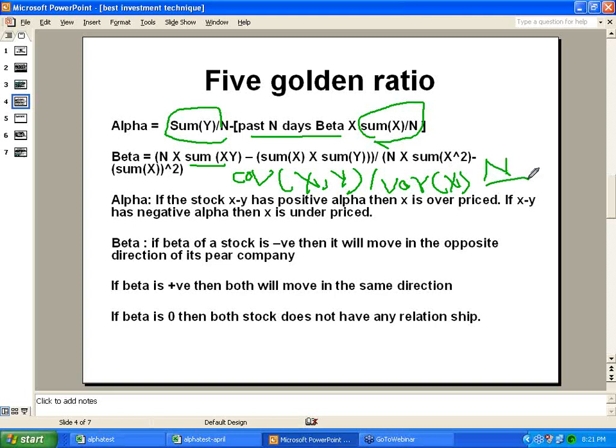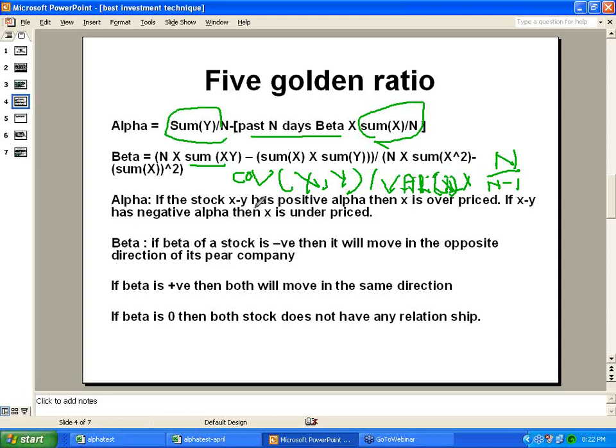Here n is the number of days you have taken for your study. So covariance by variance multiplied with n divided by n minus 1, this formula you can also use.